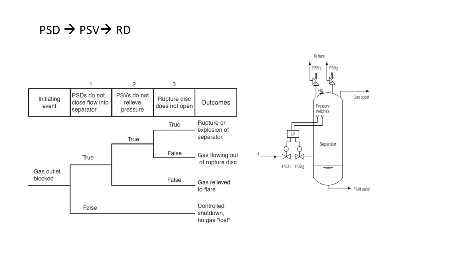Then the gas released to the flare is the third possible outcome, and the fourth is the safe shutdown of the system. So by constructing this event tree, you can very easily determine what your outcome can be, right? And depending on this outcome and the situation, you may take further action, right?